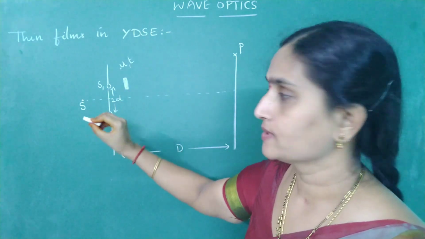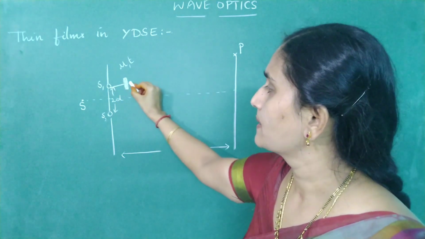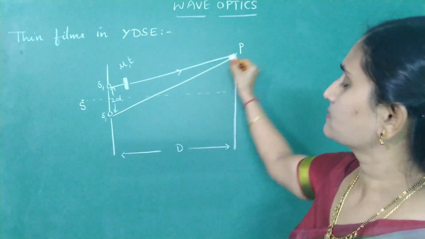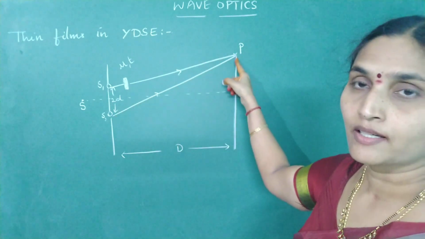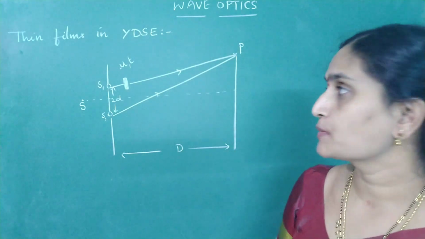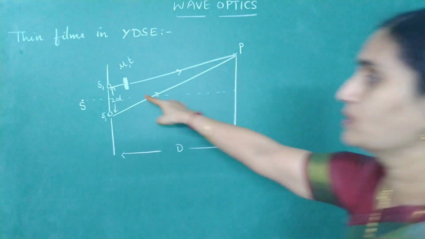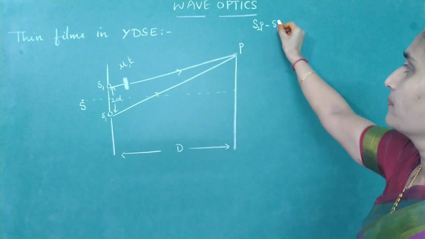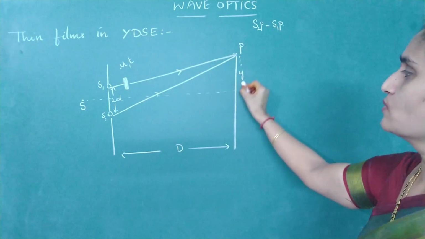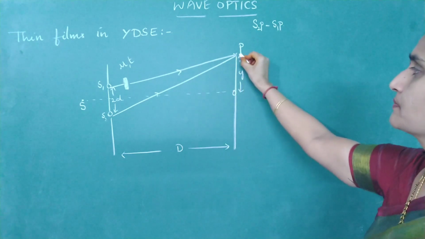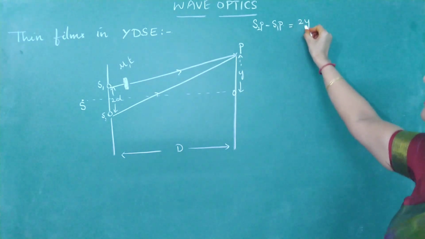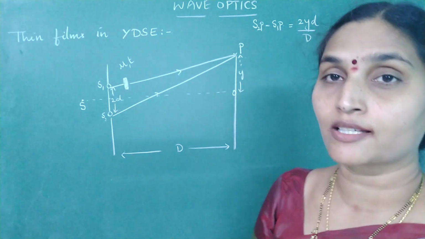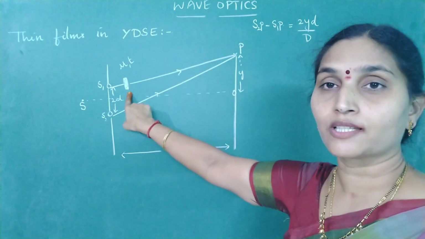Now, look at the new path difference. Light travelling from S will reach the point P, and this is the distance S2 to P. Previously, when we studied this Young's double slit experiment, hope you remember, we calculated without this thin film S2P minus S1P, at a distance y from the center, as 2yd divided by capital D. This was the previous path difference in Young's double slit experiment without introducing this thin film.